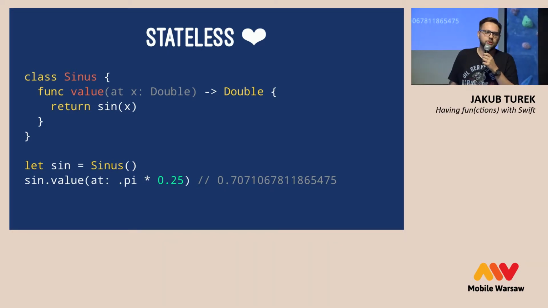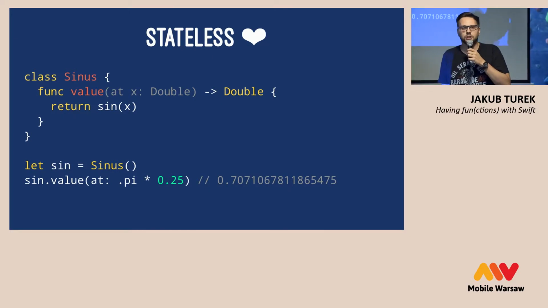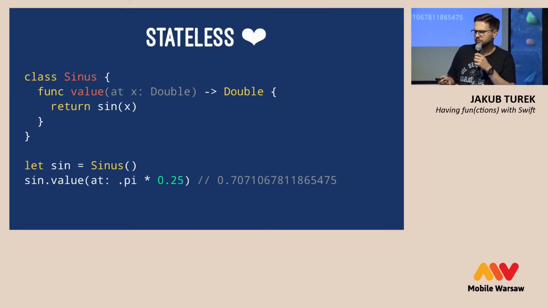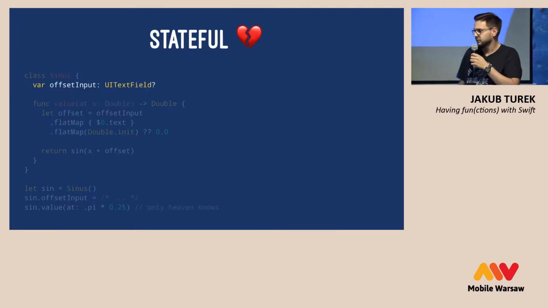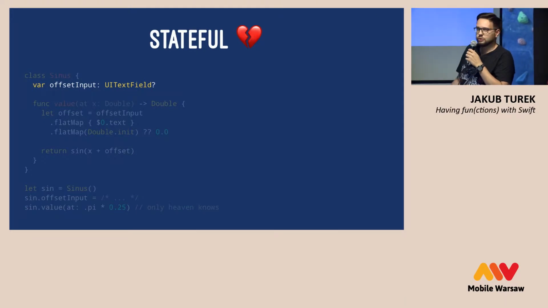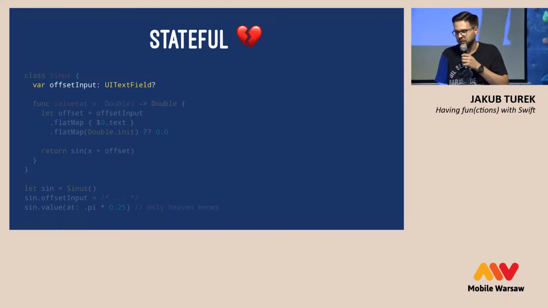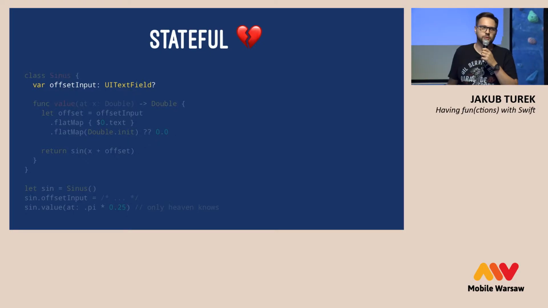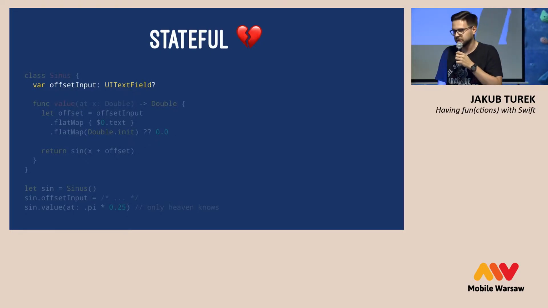What will usually happen when we develop the project, inevitably, is that a product manager comes to us and asks that this sinus class actually needs more user touch to it. So what happens is that we introduce a dependency, an external one, which is the text field that allows the user to type in something.